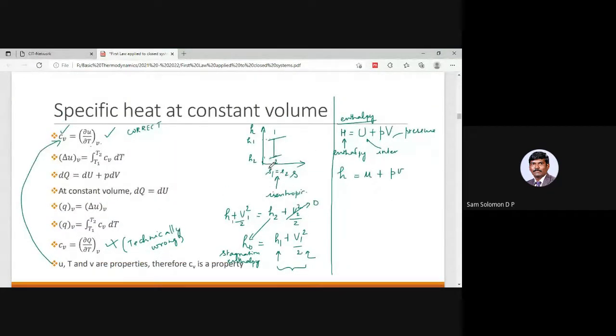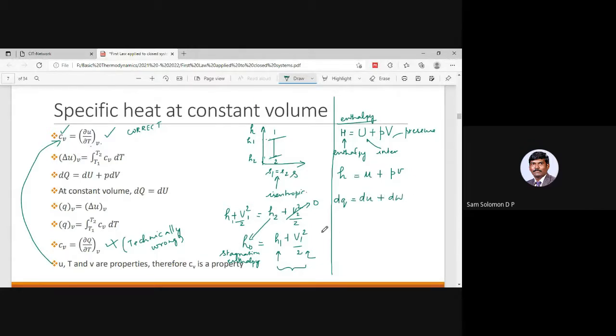Here, if you apply the first law of thermodynamics, say dq is equal to du plus dw. For a quasi-static process, and of course this is a closed system, you can rewrite dq is equal to du plus pdv.